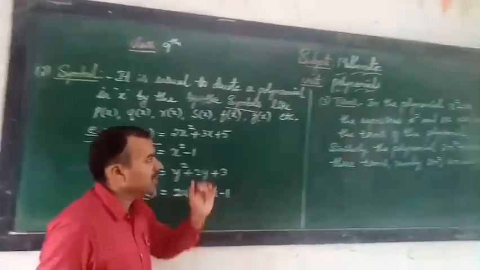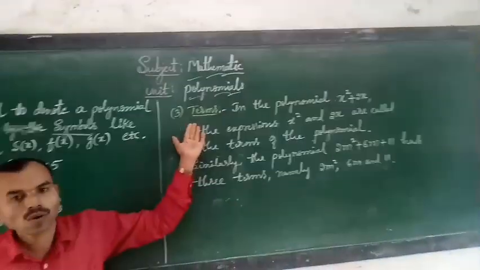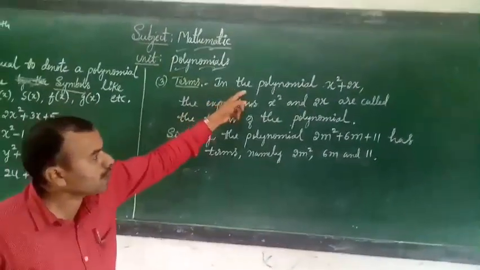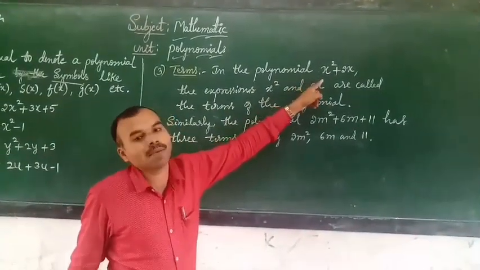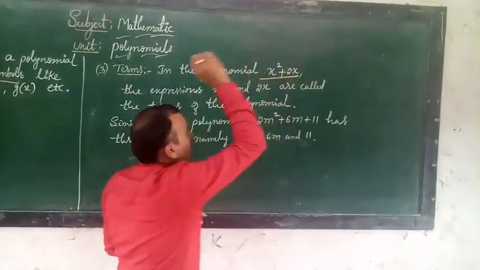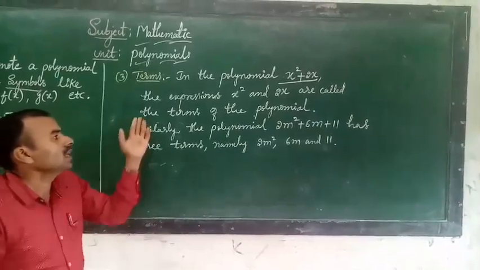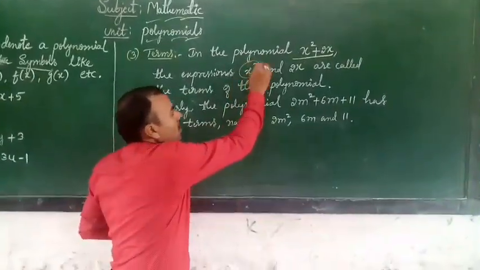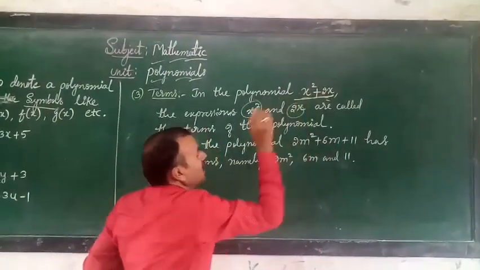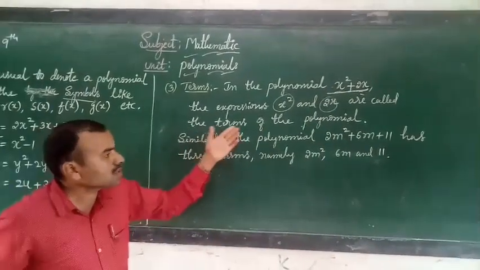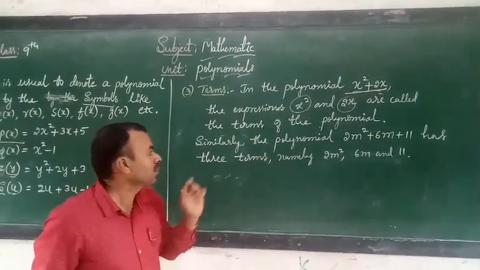Next we take terms. What are terms? In the polynomial, suppose an example x square plus 2x, the expressions x square and 2x are called the terms of the polynomial.